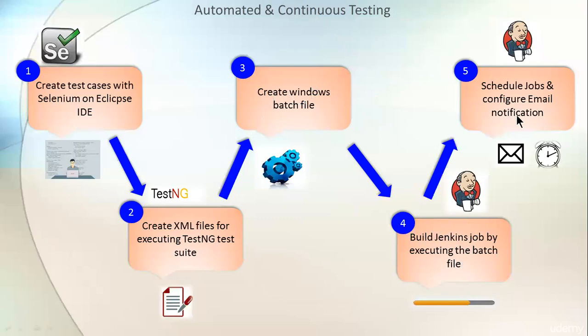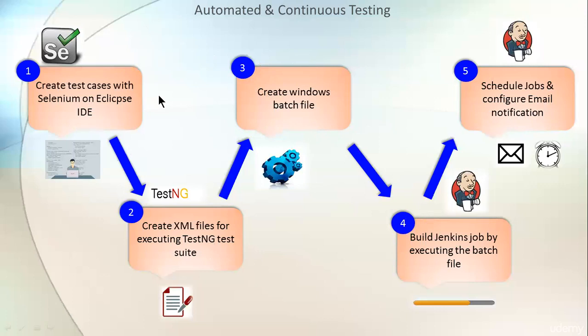For example, I need this testing to run every weekend, because during the 4 weekdays the development team and the testing team work, and finally they want to see the reports. So we can schedule it, and notifications will be sent to the appropriate teams. We're going to explore all these features, and this 5-step process is very straightforward.